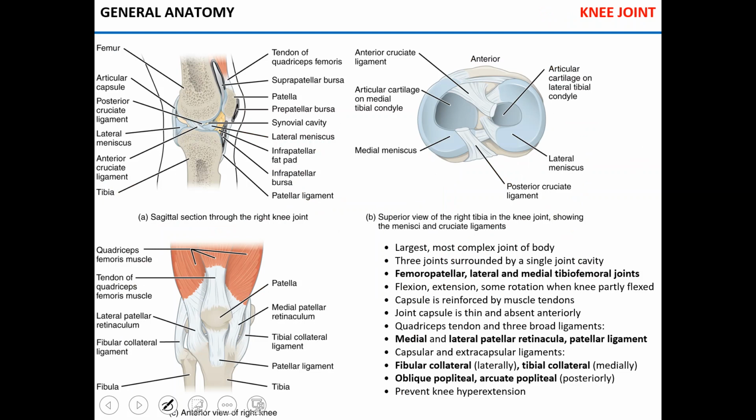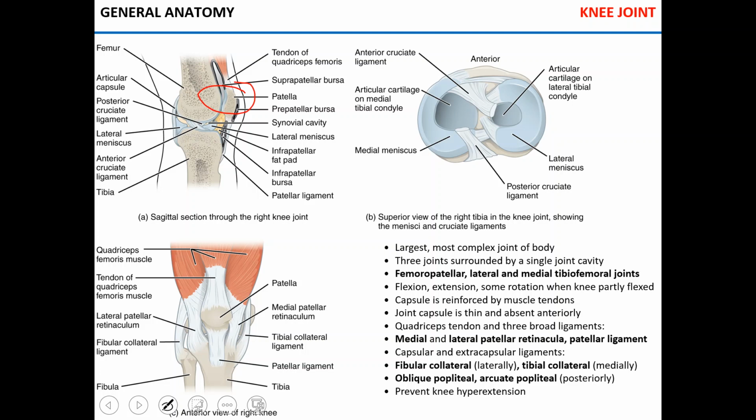Now let's talk about the general anatomy of certain joints, synovial joints in the body. First one will be the knee joint. It's the largest and the most complex joint in the human body. Essentially, it's 3 joints. The joint between the femur and the patella, femoropatellar joint, and 2 tibiofemoral joints, lateral and medial.